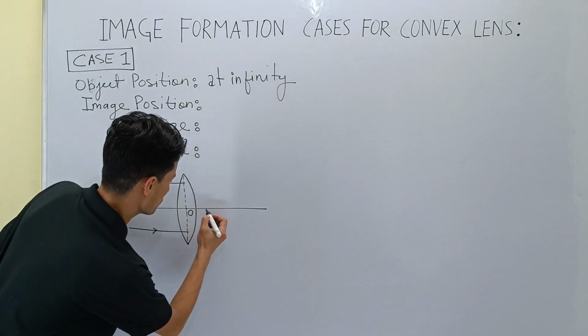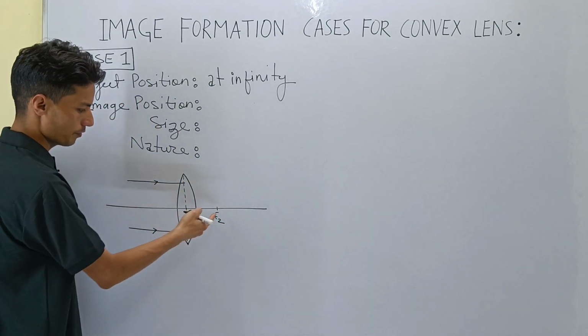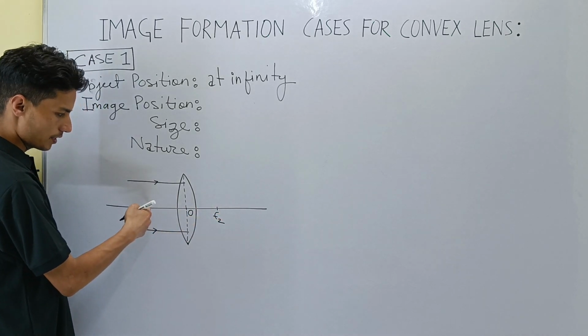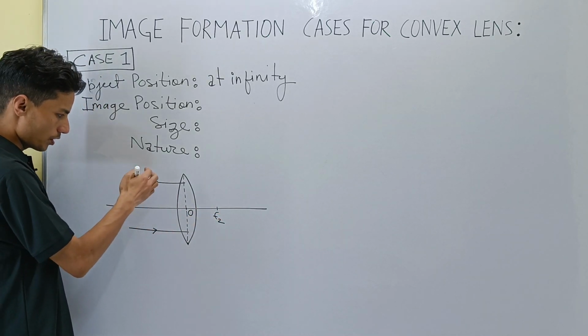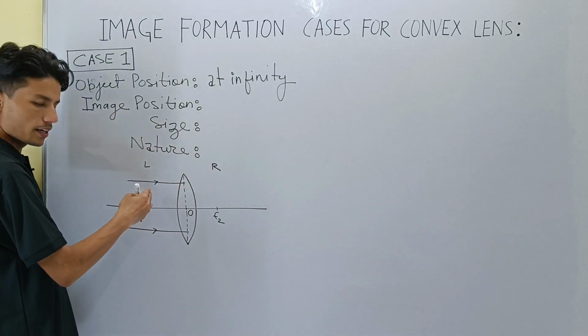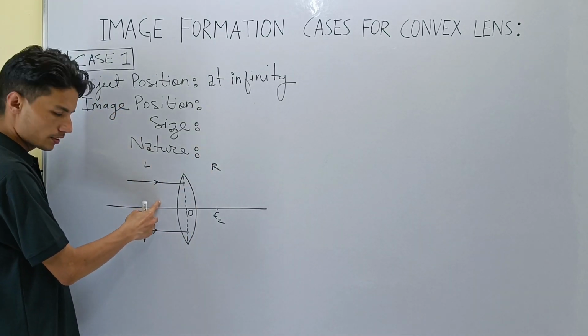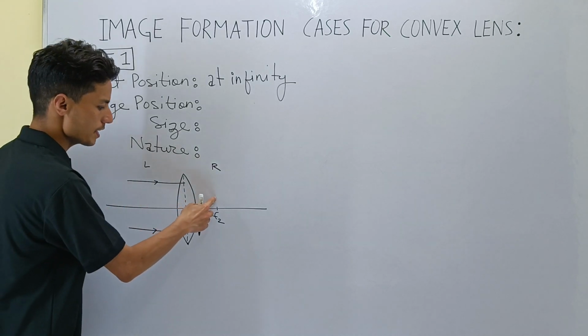So let me show you F1 here. Let this be F2. Okay, it cannot be F1 here; F1 is on this side. Remember, in lenses we have 2 focuses, one on the left side and the other on the right side. The one on the left is considered F1. Then we have our 2F1, then this is F2.